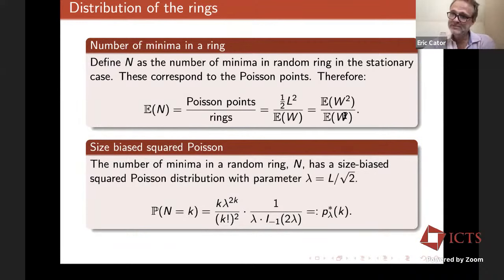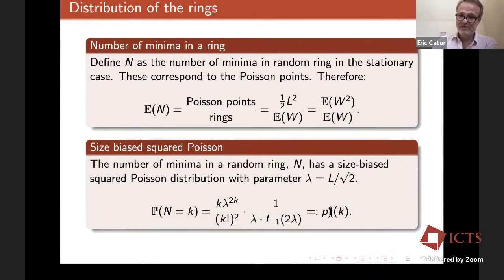If you take the squared Poisson and you size bias it, which means that you multiply the probability of finding k points by k, then you get a new distribution, which is always bigger than or equal to 1, and it has expectation exactly equal to this value here: expectation of W squared divided by expectation of W. So maybe that's something relevant. I don't know.